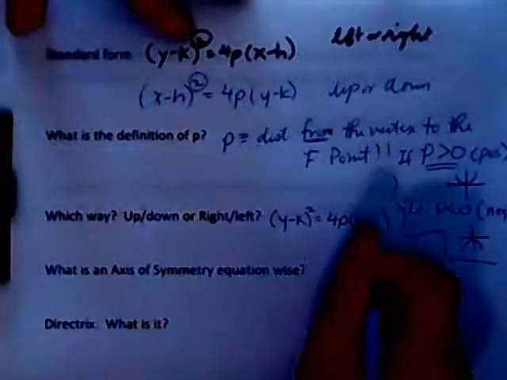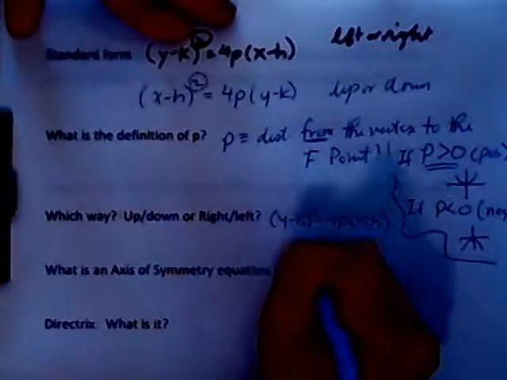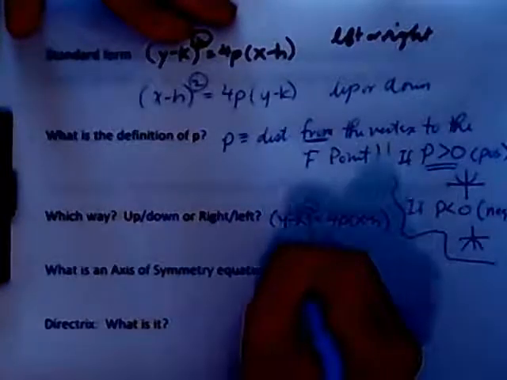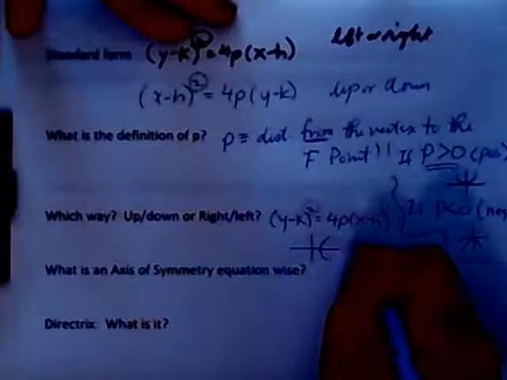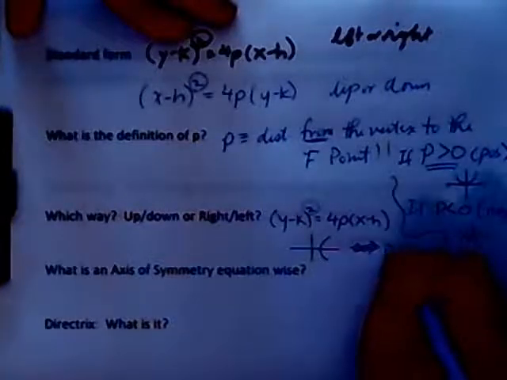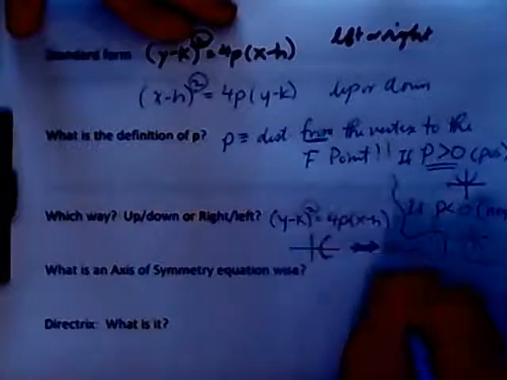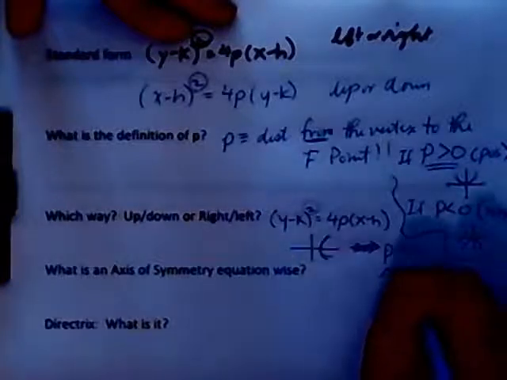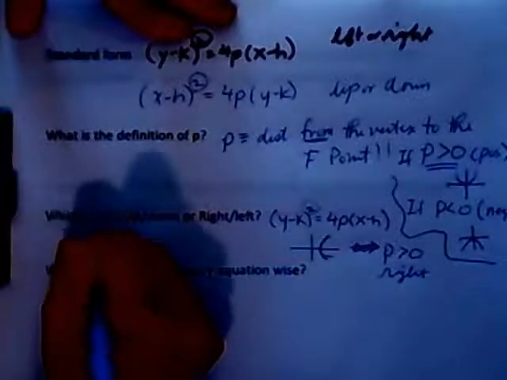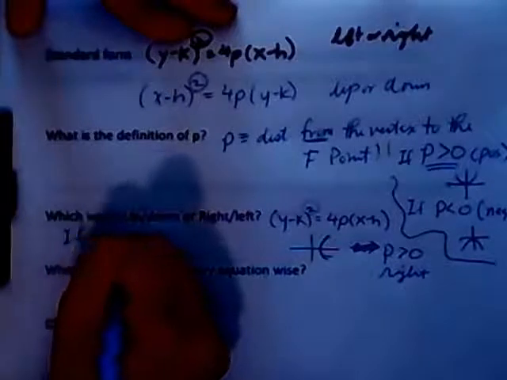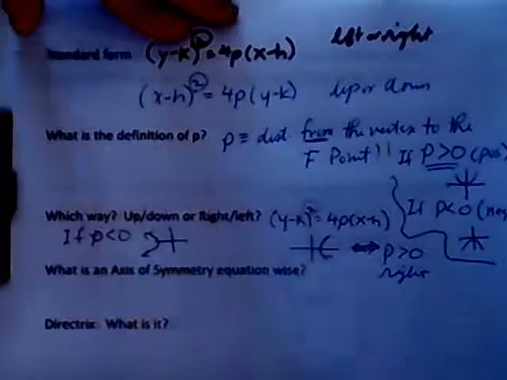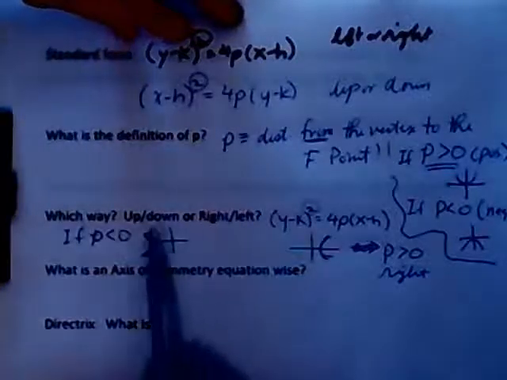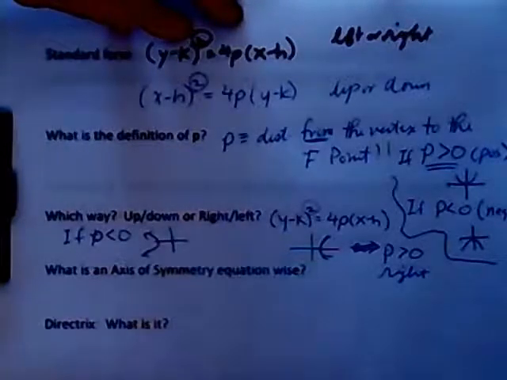And we said it earlier, since the y is being squared, if the p-value is greater than 0, it's going to be going to the right. If p is less than 0, or negative, it's going to go to the left. Okay, so that's how you can tell if it's going left, down, up, or right.